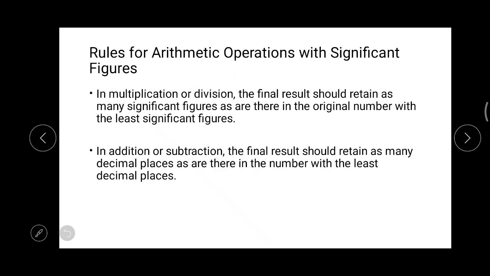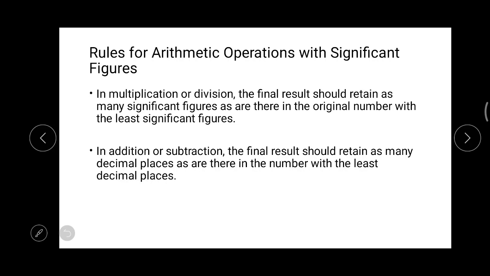Now let us come to the rule for addition and subtraction. In addition and subtraction, we are not focusing on the significant figures, but on the decimal point and how many decimal places there are.